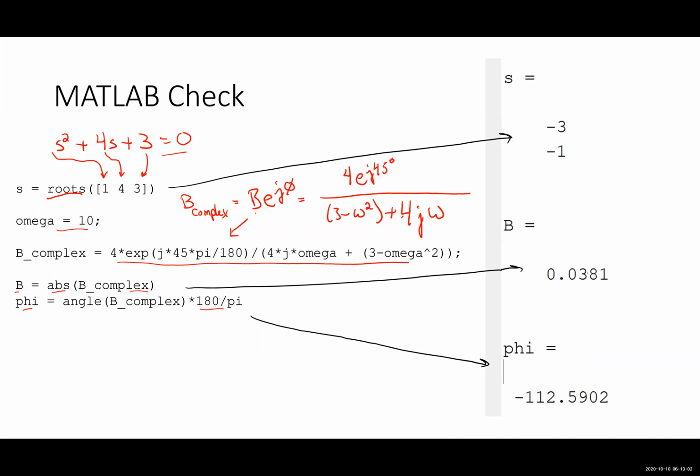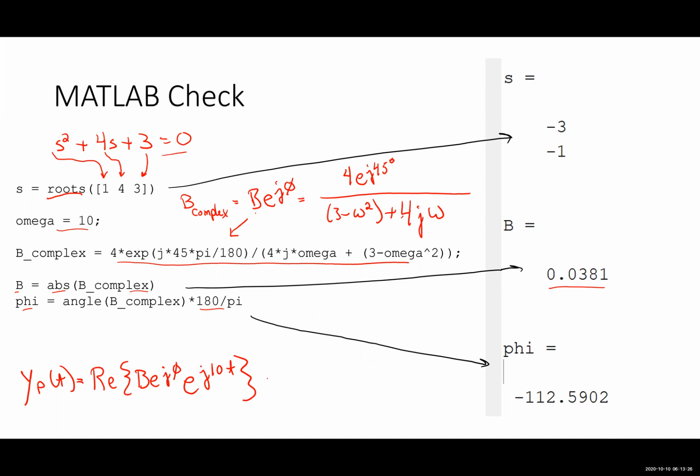So what I see here is that my b value is written out, my phi value is written out. So that means that my yp of t is the real part of, remember, it's the real part of b e to the j phi e to the j 10 t, or 10 was my omega.